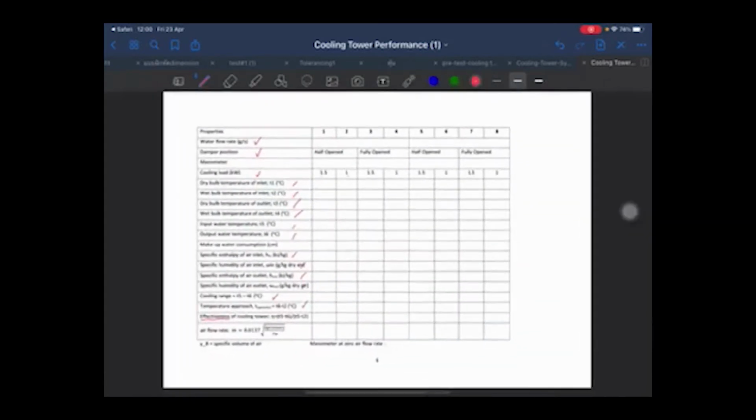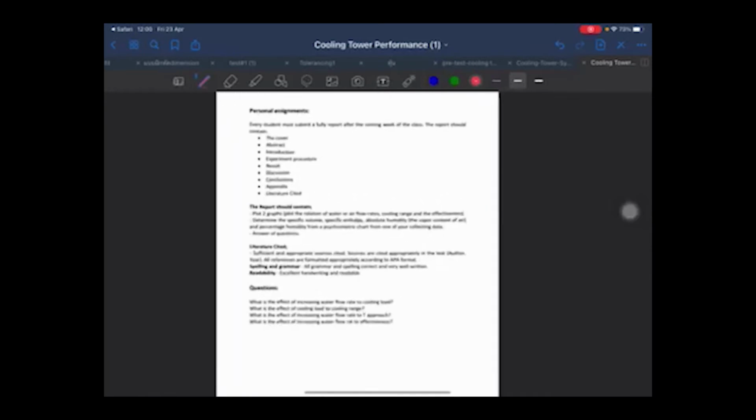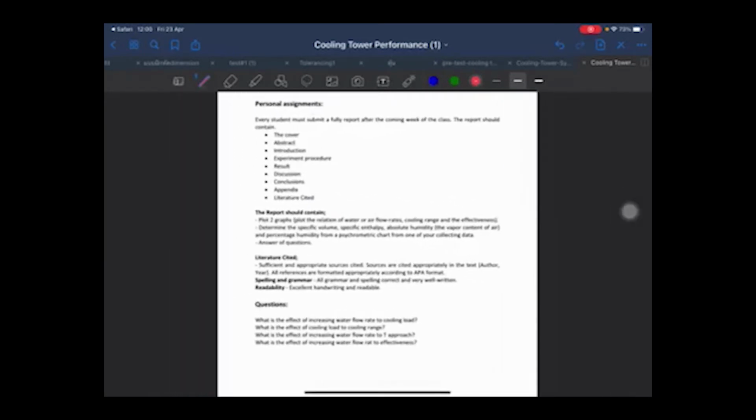Once you record all your data from the equipment, this is the personal assignment that you have to do after finishing the experiment.